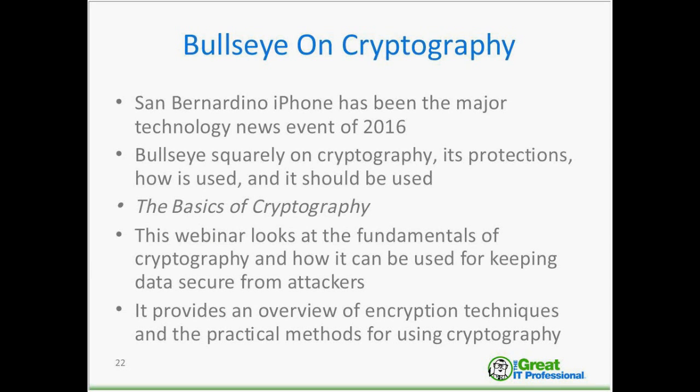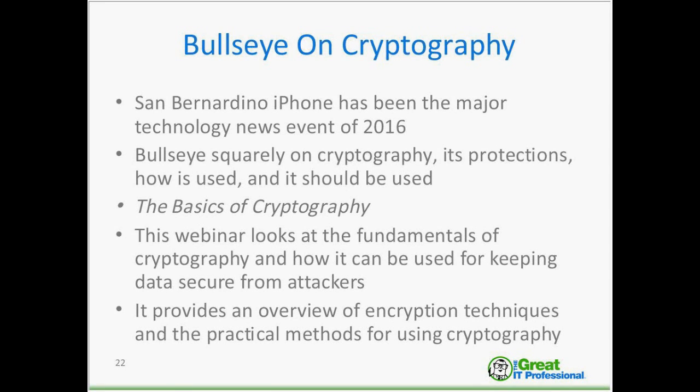We're going to look at the fundamentals of cryptography and how it can be used for keeping our data secure from attackers. We'll do an overview of encryption techniques and some practical methods for using cryptography. And essentially, we'll look at cryptography and its unique terminology.